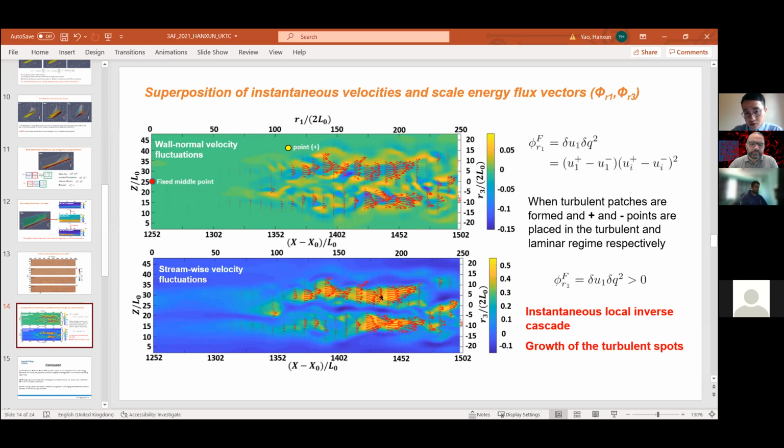So this inverse cascade is actually linked to this elongated structure in this direction. That's at a very early stage of the transition. That's why we link the inverse cascade to this instantaneous flow field. We're saying that it is correlated to this small structure that appears during the transition.